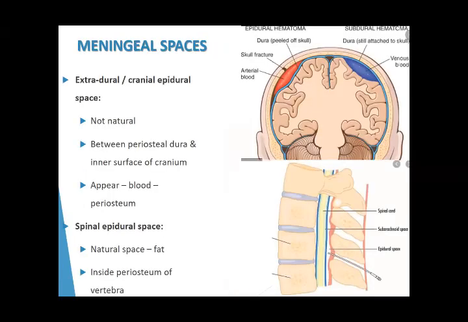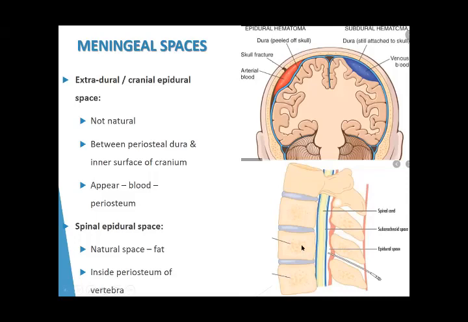One last thing, extremely important thing, and that is the meningeal spaces. You have an extradural space, the space between the dura and the skull. This is the extradural space. ये natural space नहीं है. However, in cases of fracture of the skull, blood accumulates in this extradural space. ठीक है?